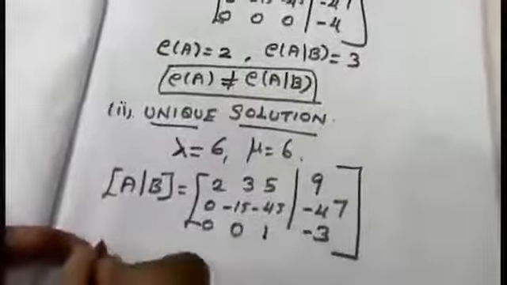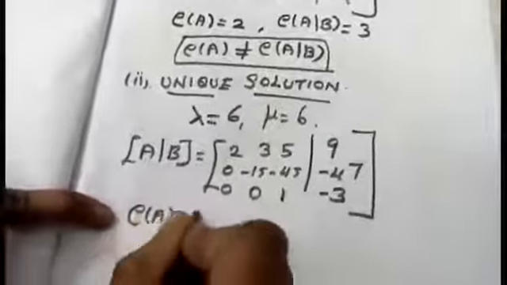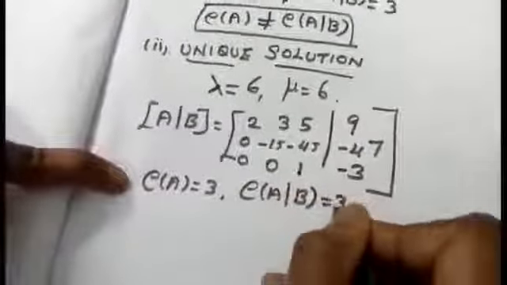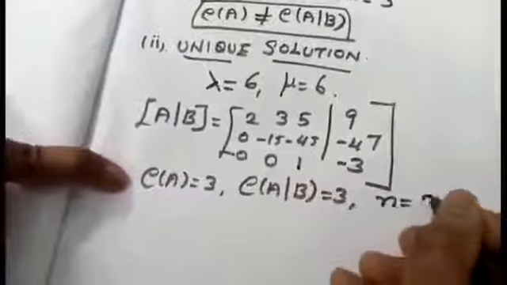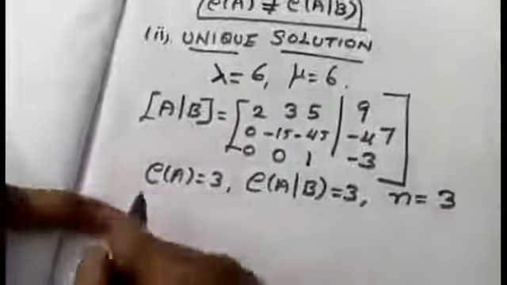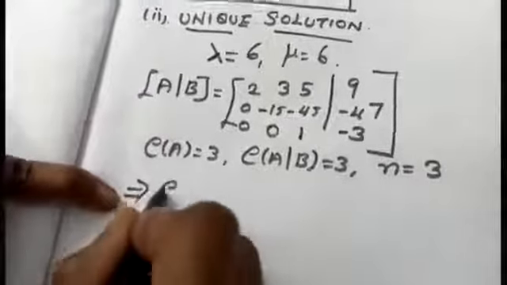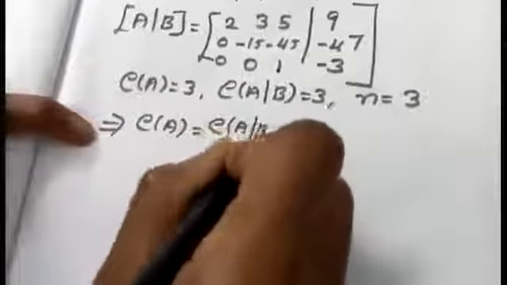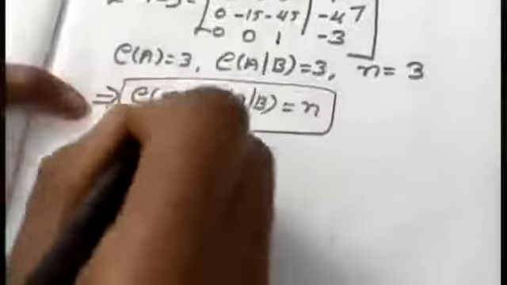Now if you see, rank of A is 3, rank of A bar B is also 3 and the number of unknowns, because of the condition unique solution means you have to check all these three conditions. Now I can say that implies rank of A equal to rank of A bar B equal to 3. All these three conditions satisfy, so I can say it as an unique solution.